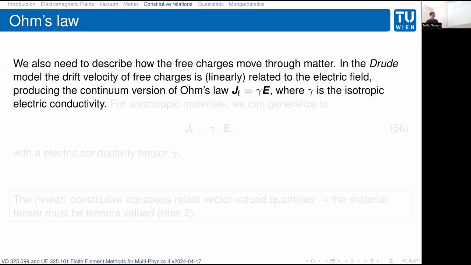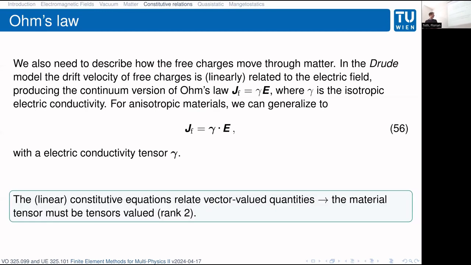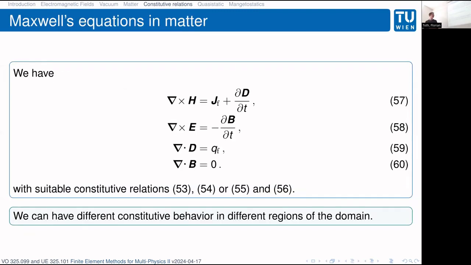And of course, you can extend this as usual to an anisotropic case for electrically anisotropic material and introduce an electric conductivity tensor gamma. Again, the same argument holds. We relate two vector valued quantities, and this has to be done by a second rank tensor if the material is anisotropic.